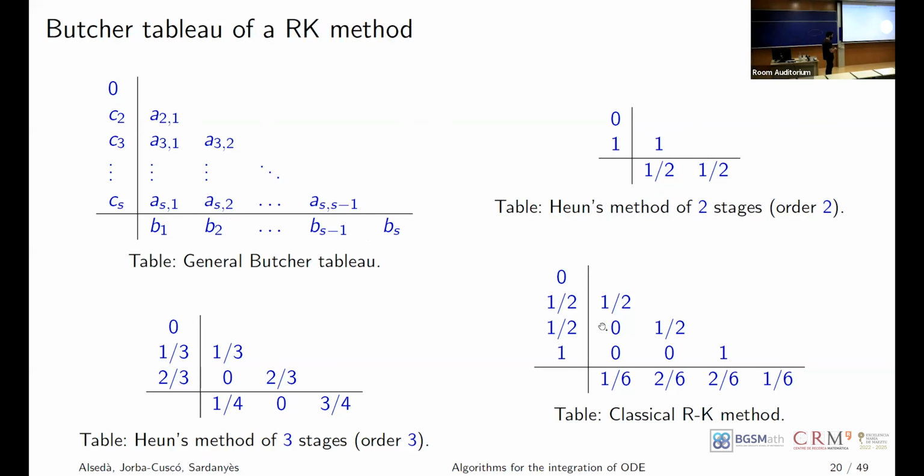And this is the OG. I mean, this is the classical Runge-Kutta method of order 4, with 4 stages. And when someone says the Runge-Kutta method, they are probably referring to this one, even though there are much better methods than this one out there.